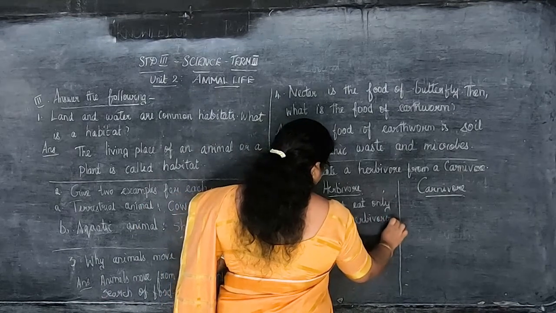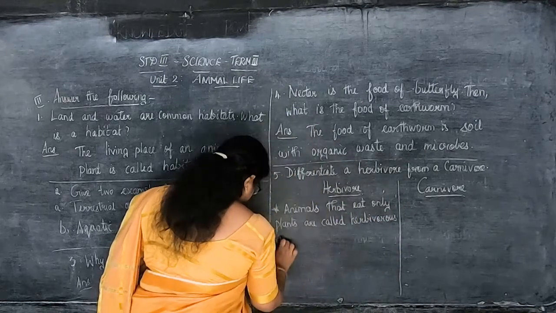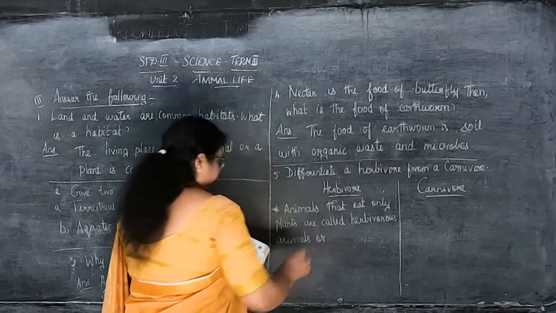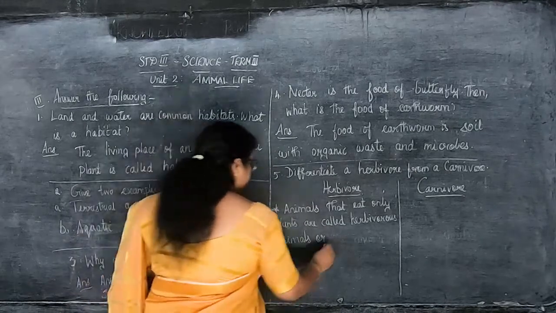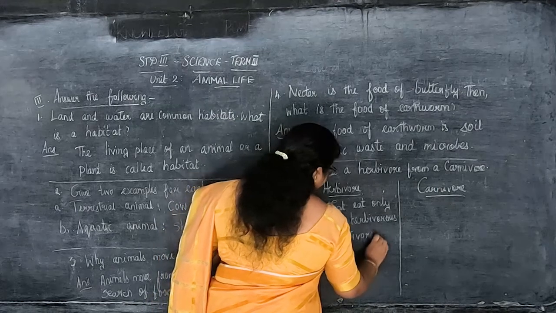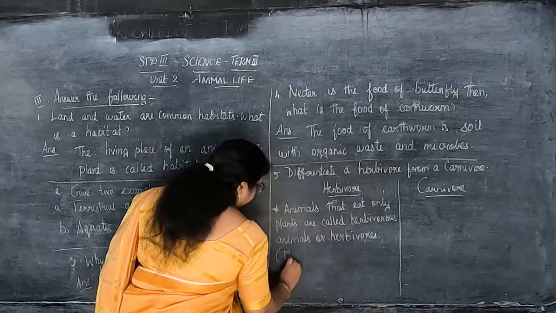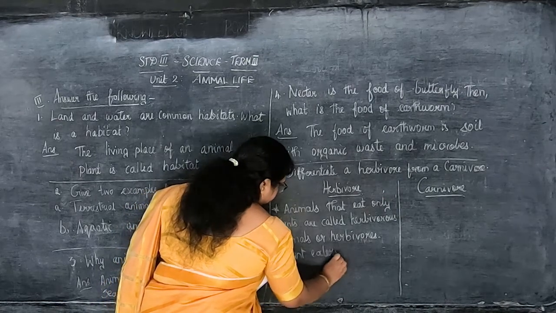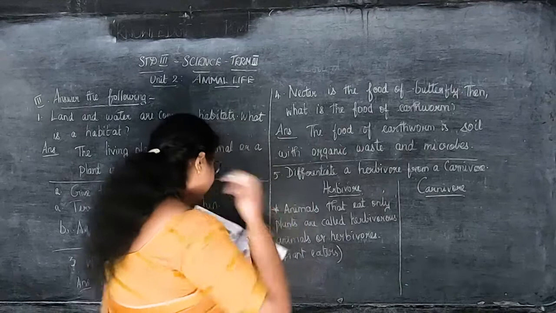Herbivorous animals, or herbivorous animal, or herbivores. Herbivores are nothing but plant eaters. Herbivores, what do we say? Plant eaters. Okay.